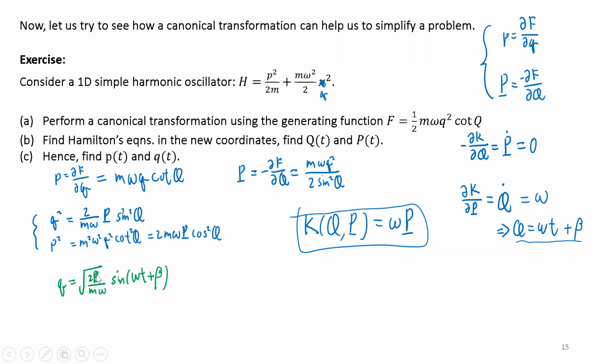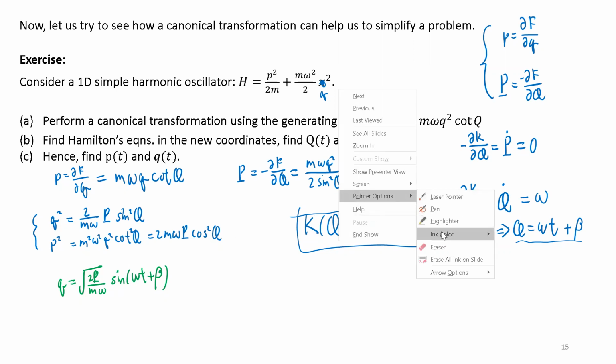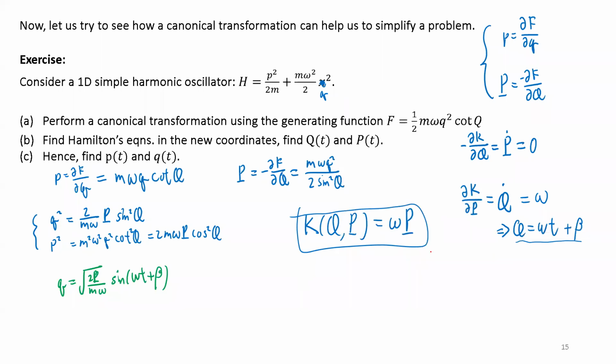But what is capital P? As I said, capital P is just a constant. You may wonder what that constant is. Even after the canonical transformation, the Hamiltonian still has the physical meaning of total energy.